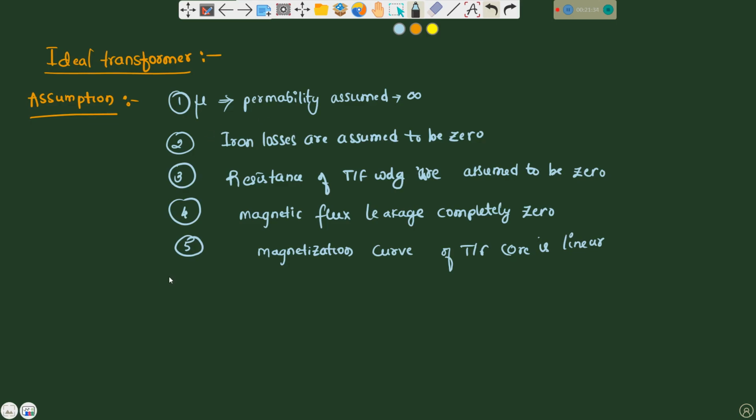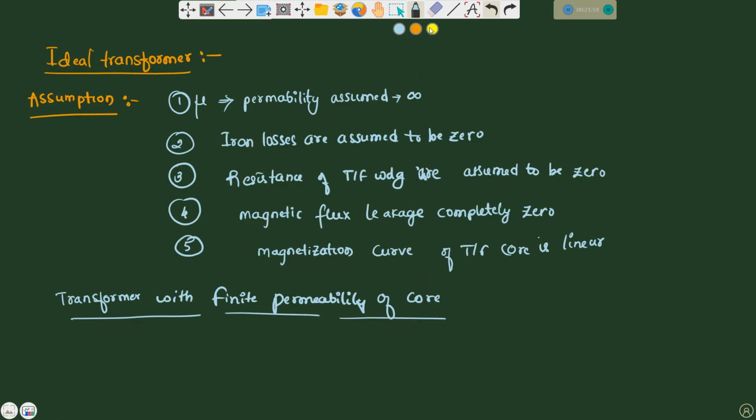So if we talk about a transformer with finite permeability of core, what happens here?